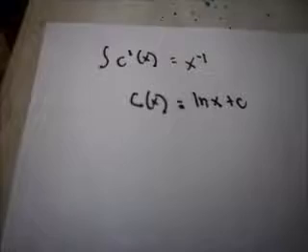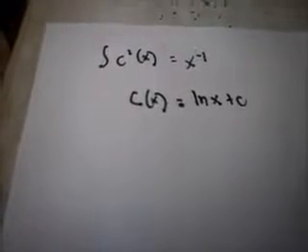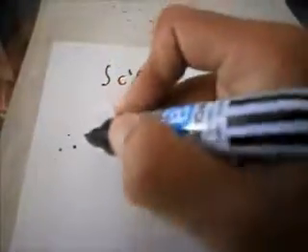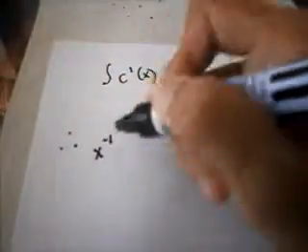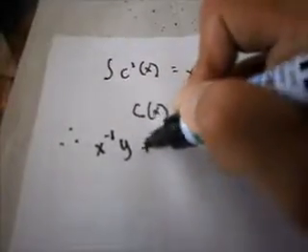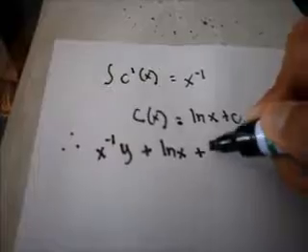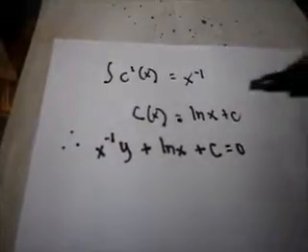And now we will substitute this value of c of x to our f of y, and we get our final answer: x to the negative 1 y plus ln of x plus c is equal to 0.